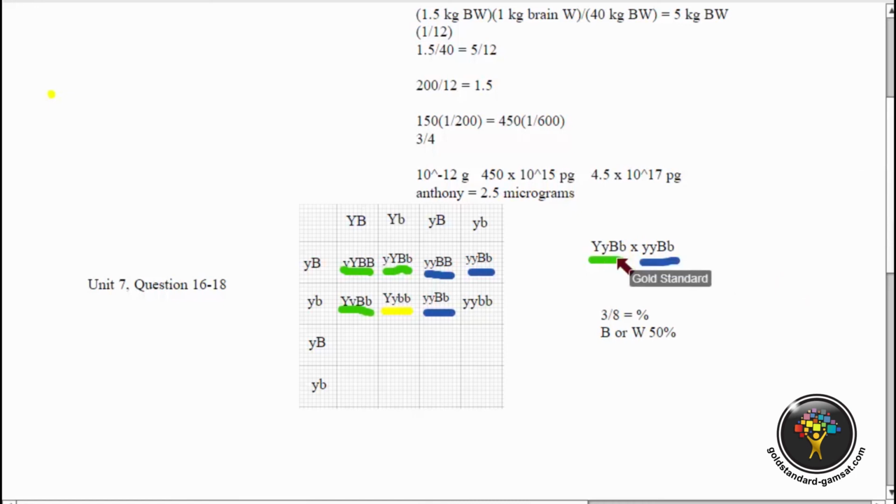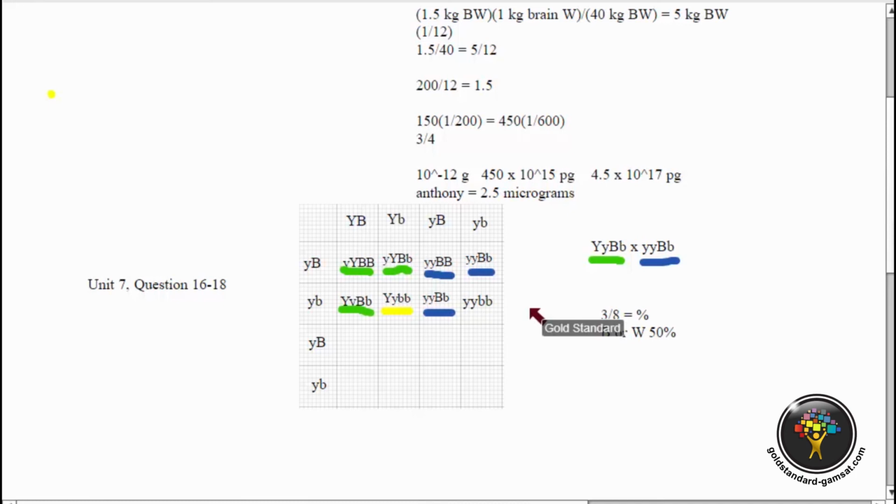Is it possible for the two offspring to have different phenotypes than the two parents? Of course, because we have green and blue as the two parents, but it is possible that one child is yellow and the other one is white. So doing that diagram permitted you to answer question 18 quickly, faster than what I'm doing because I'm explaining each one, of course.